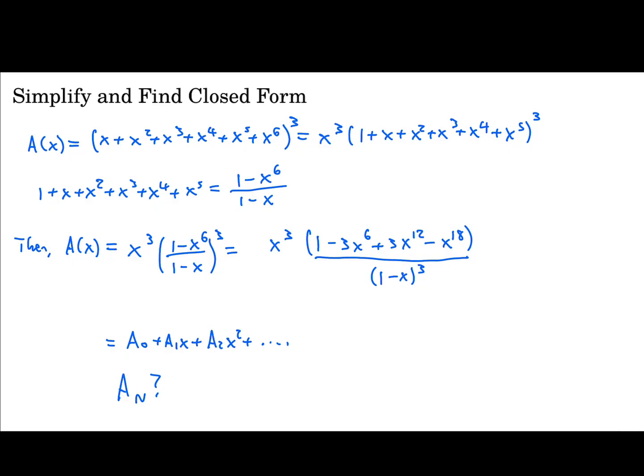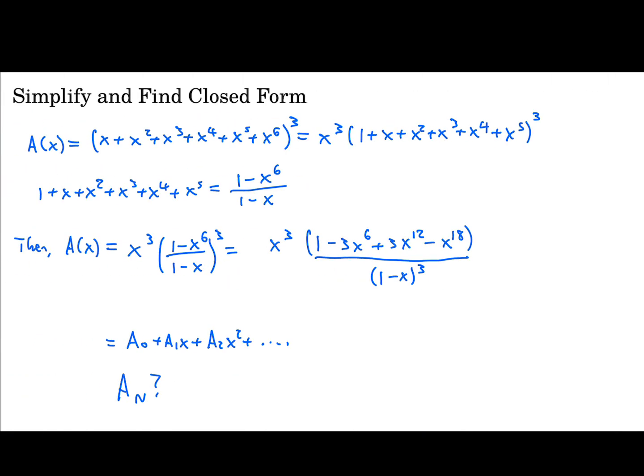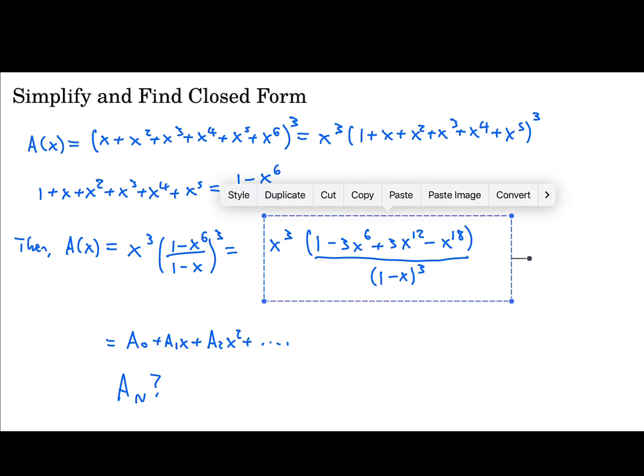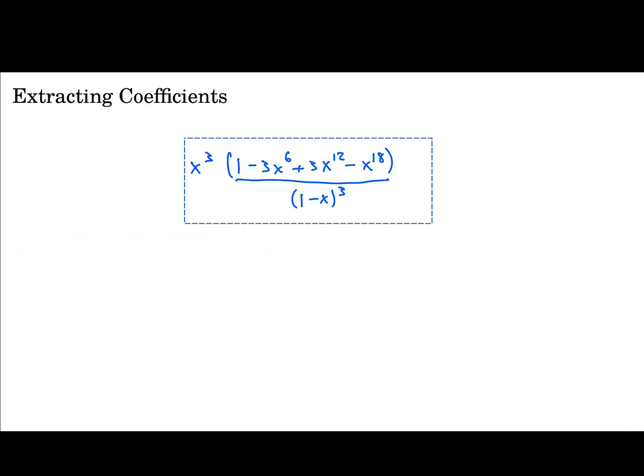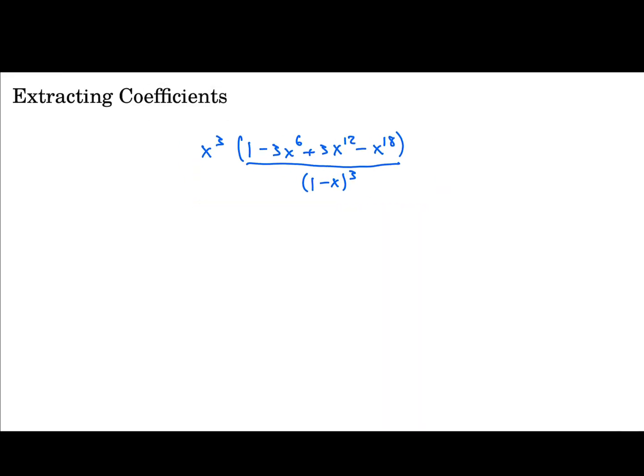So we need to extract the coefficient of x to the n here. Let me copy paste this here to make our life easier. We want to extract the nth coefficient of this series here.